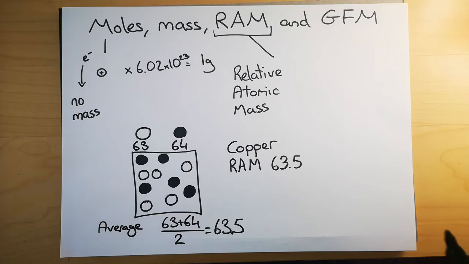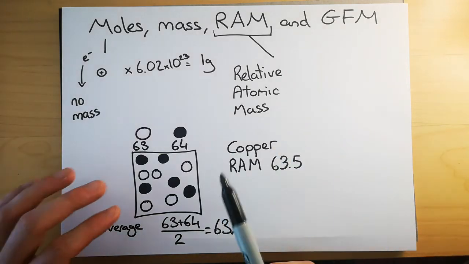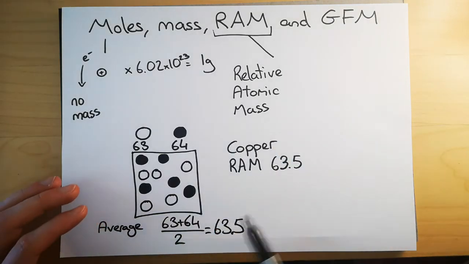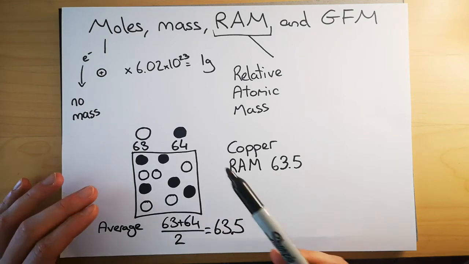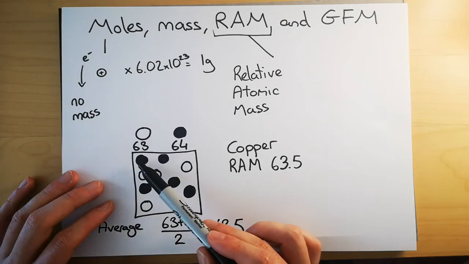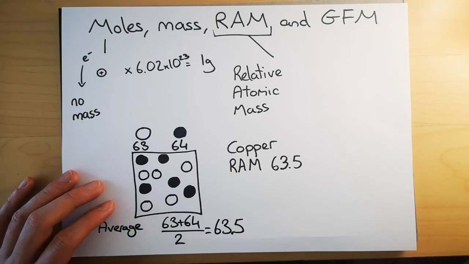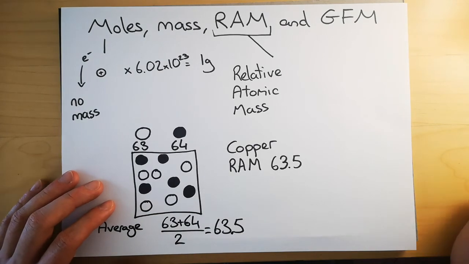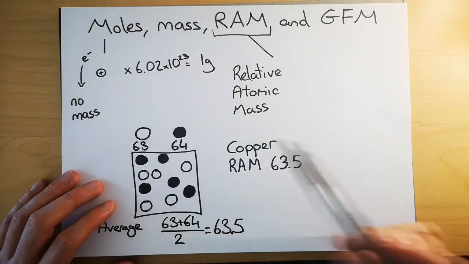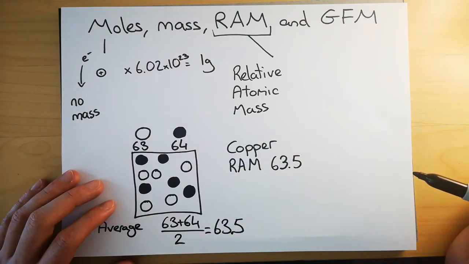What we're actually seeing is if we took a little piece of copper with 10 atoms, then we would find that 5 of those atoms had a relative atomic mass of 64, and the other 5 would have a relative atomic mass of 63.